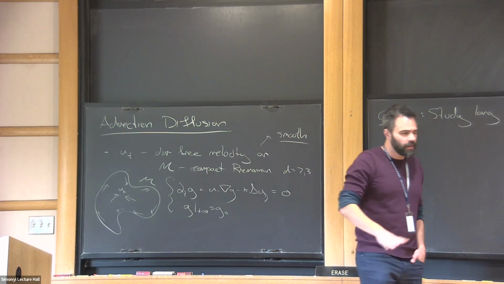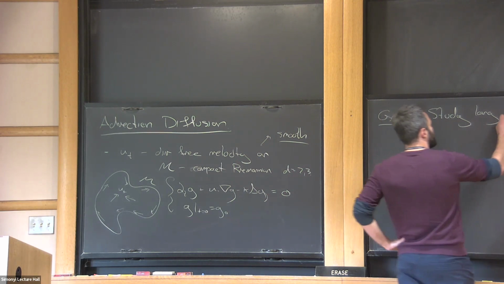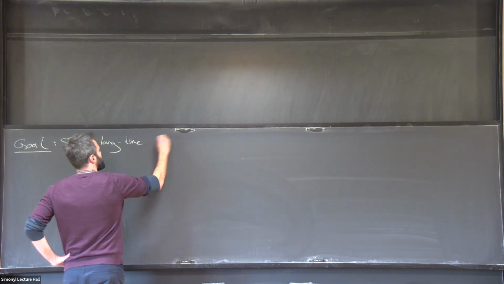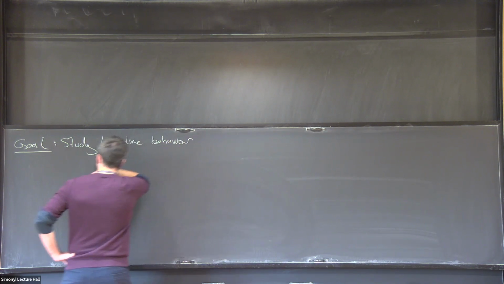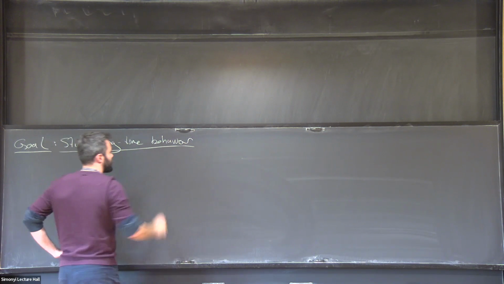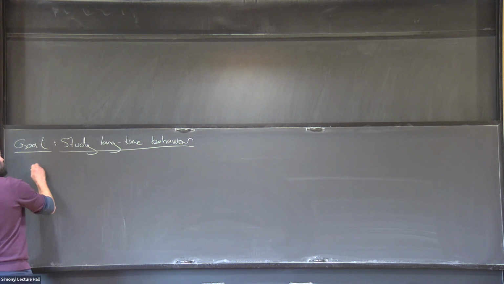I mean, they can be Sobolev regular or something like this, but smooth in general. And we want to study the long time behavior of this equation. Okay, and what do I mean by that? Well, there's a lot of questions you could ask about studying the long time behavior. One of the things, especially from a PDE standpoint, might be that you want to study norm growth.